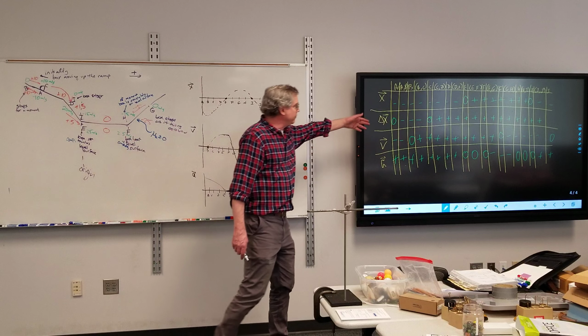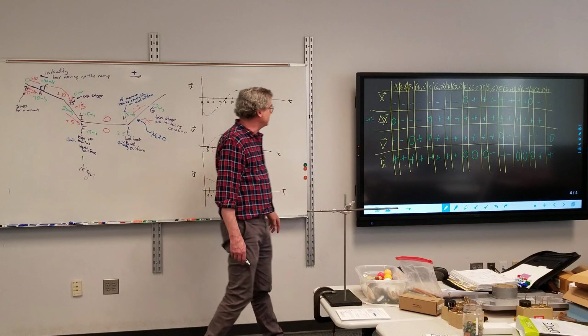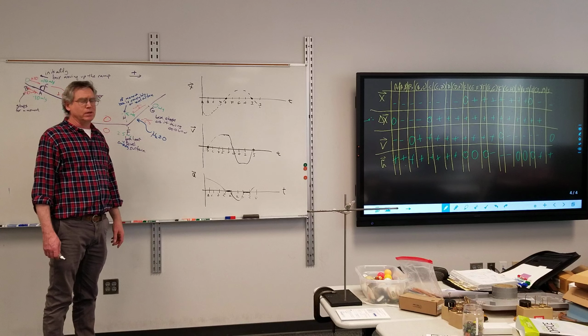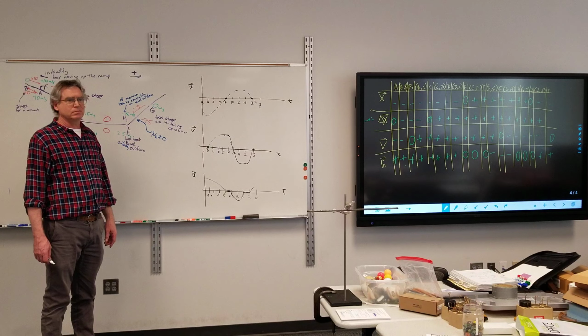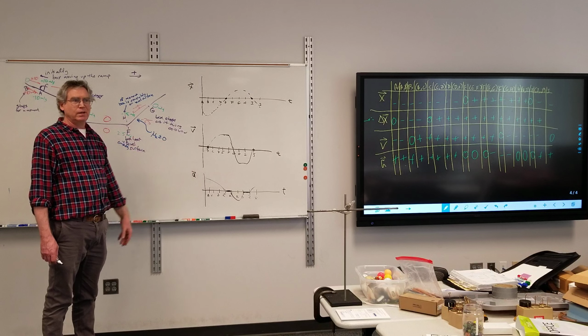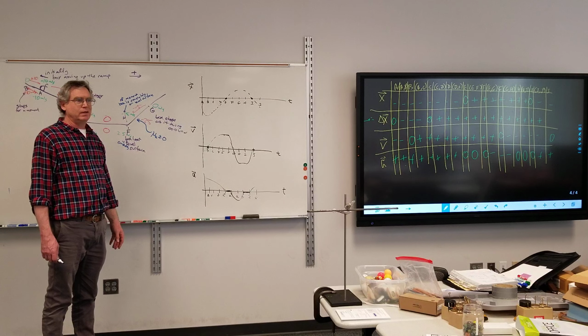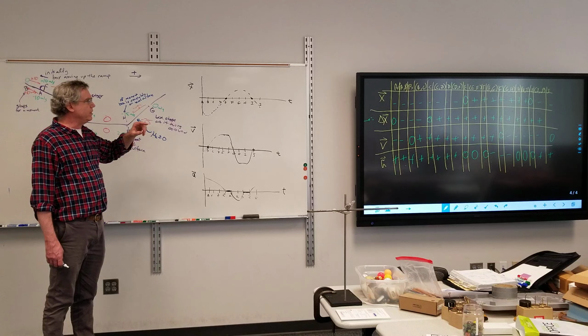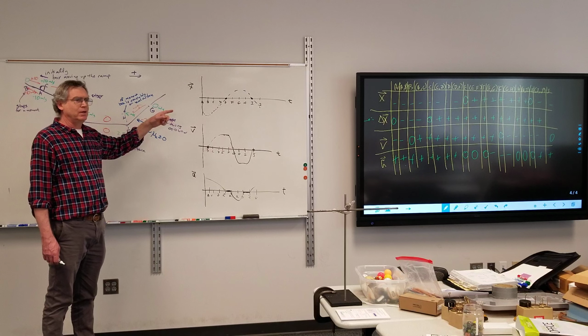I did not do a graph of displacement versus time. What would displacement versus time look like? It's similar to which one? Position. I think somebody just said it. Position. Yeah. So how would the displacement versus time graph look different from the position versus time?